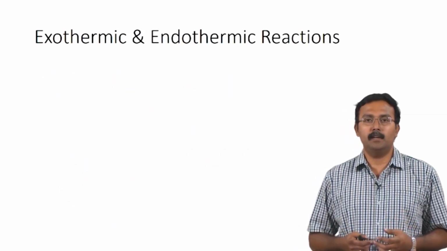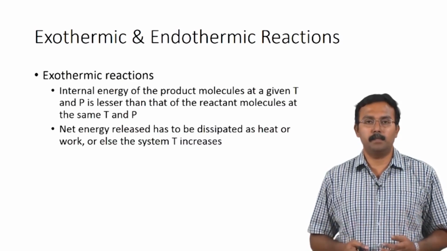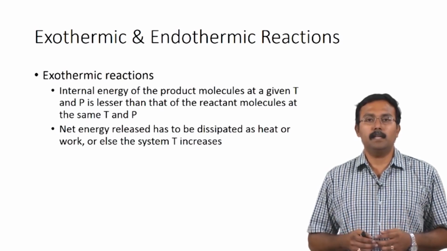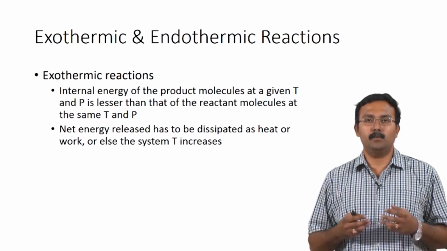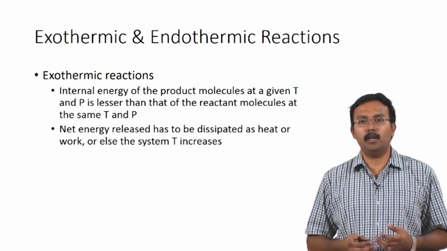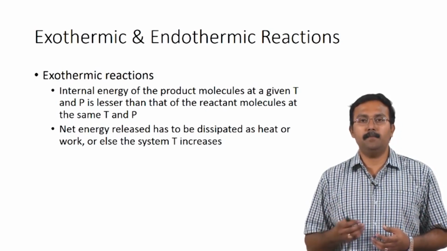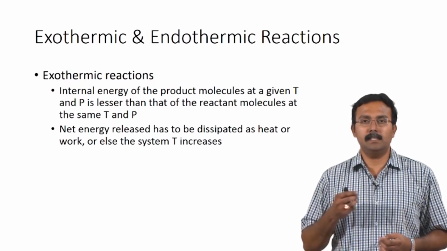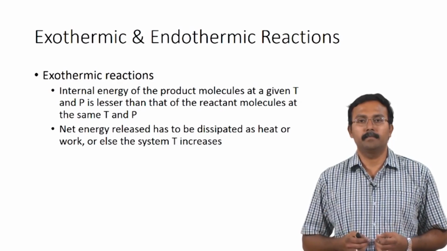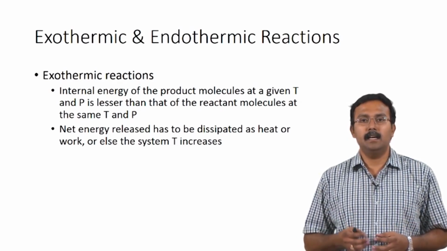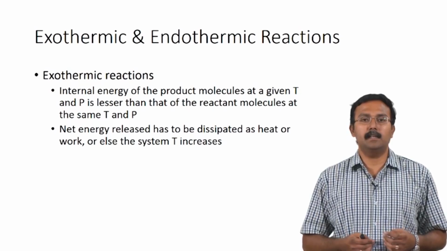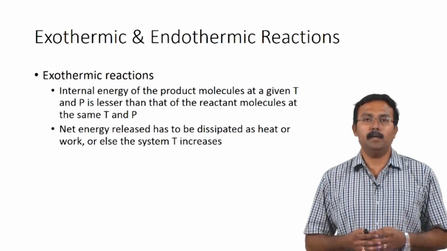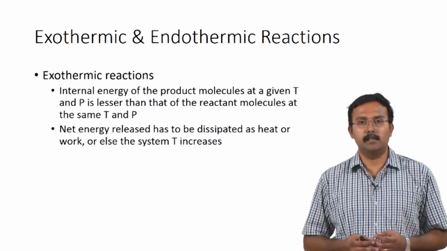What are exothermic and endothermic reactions from an energy balance perspective? Exothermic reactions are basically the reactions when the internal energy of the product molecules at a given temperature and pressure is less than that of the reactant molecules at the same temperature and pressure. Net energy released has to be dissipated as heat or work, otherwise the system temperature will increase.